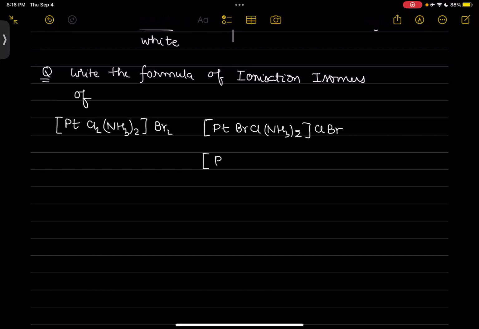Or one more option is to send both the Br minus inside the coordination sphere and exchange them with the Cl minus. So [PtBr2(NH3)2]Cl2. Got it?